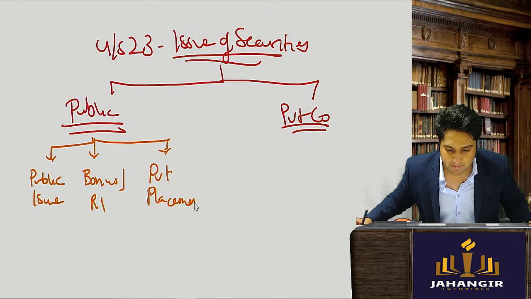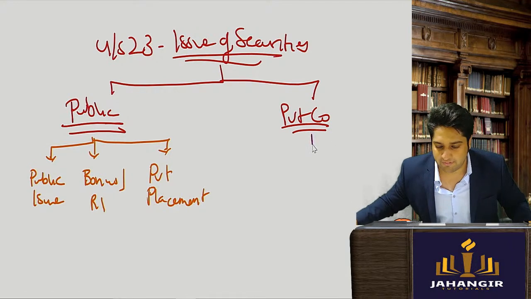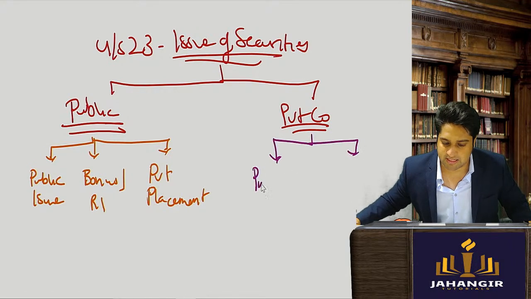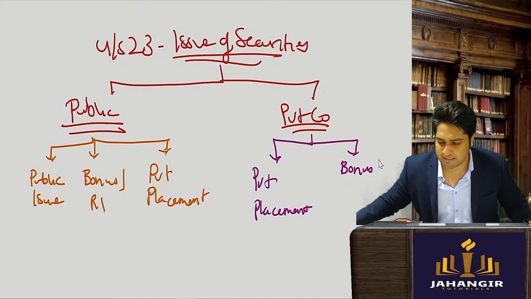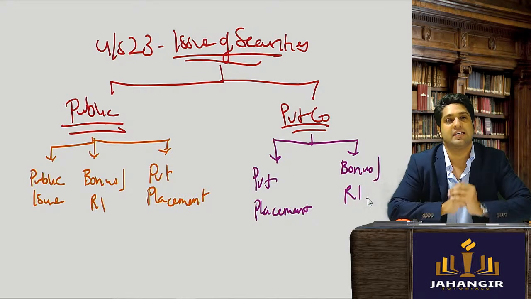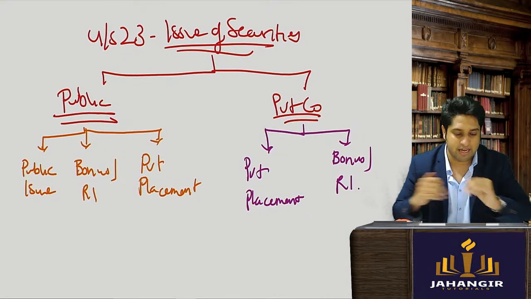placement. Now from here, you all need to tell me what the private company cannot do. Private company can only do two things. One is it can do a private placement, yes, but can it give bonus shares and right issue? Yes or no? Answer is yes.